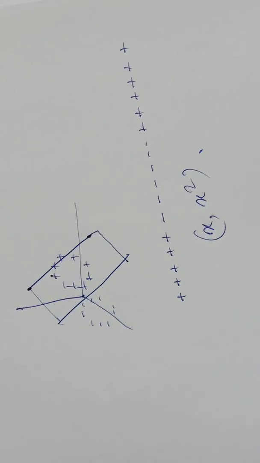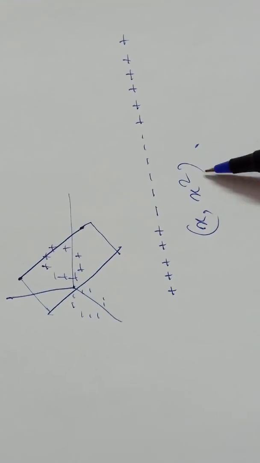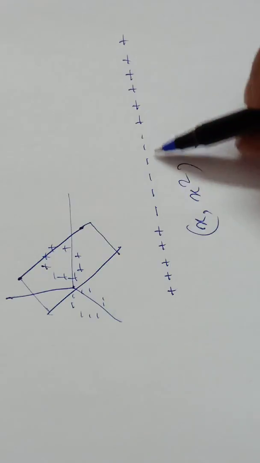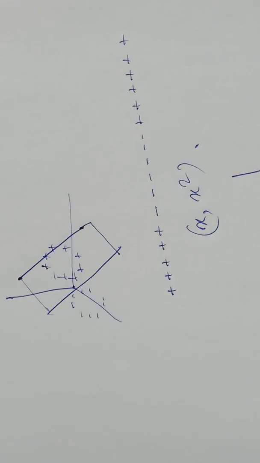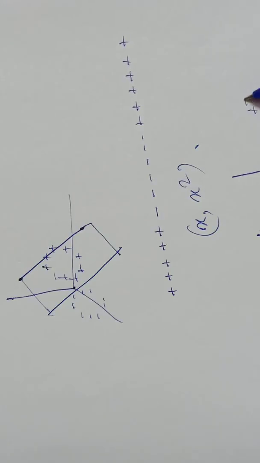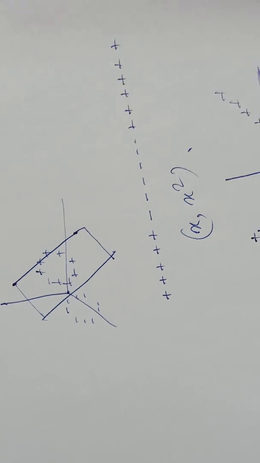Immediately, if we apply this kernel trick, these linear values become like this: these are all positive, then these are negative, then again these are positive, forming a parabola. So if we apply this here, we can get a linear separation and find this line here, so immediately we can apply the SVM.